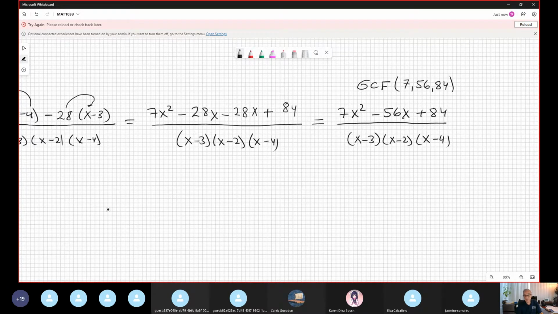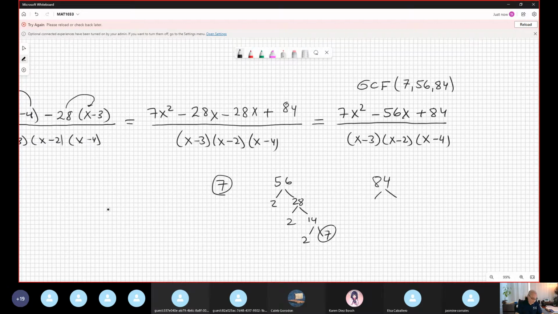No, I have no idea. 7 is 7, I know it's prime. 56 is an even number because it ends in an even number. So 56 divided by 2 is 28, and 28 divided by 2 again is 14, and this is 2 and 7. Oh, I can see that this 7 at least is a common factor in 56. I don't know what happened in 84.